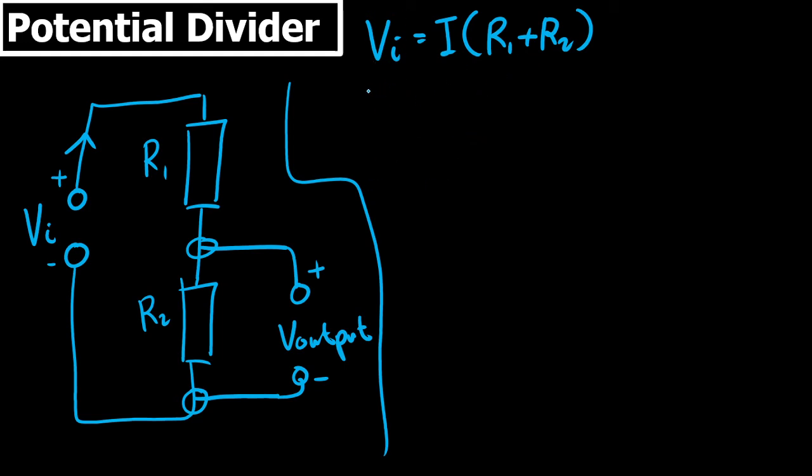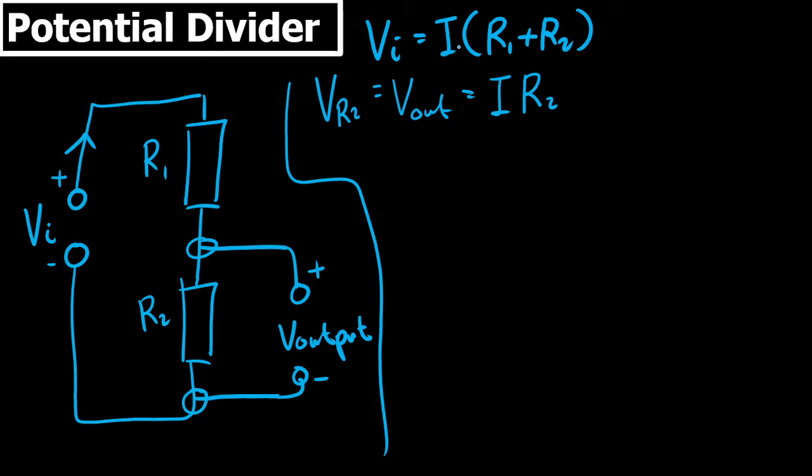So we can then ask ourselves, what is the voltage across R2? The voltage across R2 is going to be the same as the output voltage, and that is equal to I times R2.